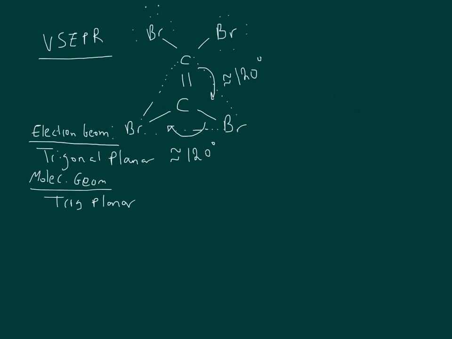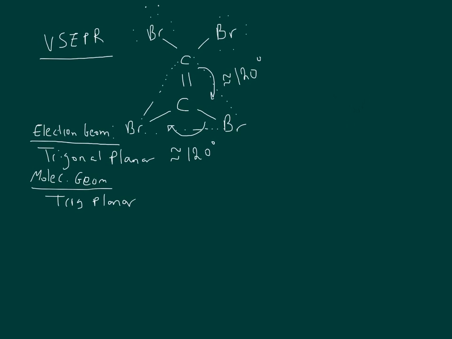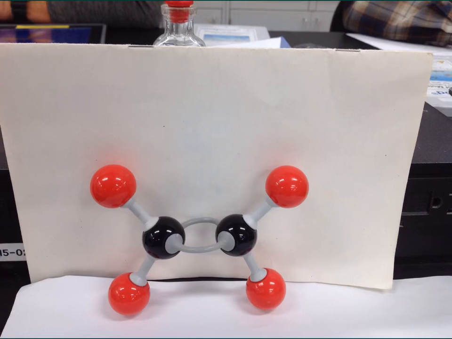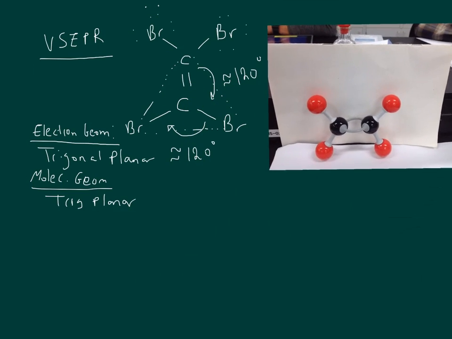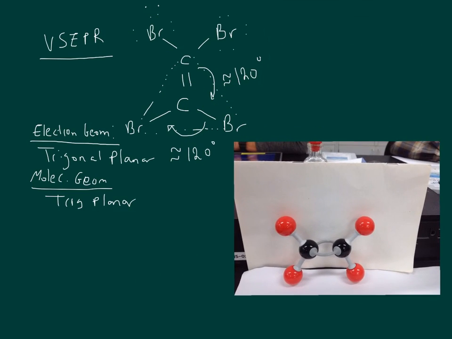Now, to better understand this, using a molecular structure kit, we could actually make this structure using the ball and sticks in the structure kit to understand how this works. So, placing this here, we could visualize these two double bonds right here.